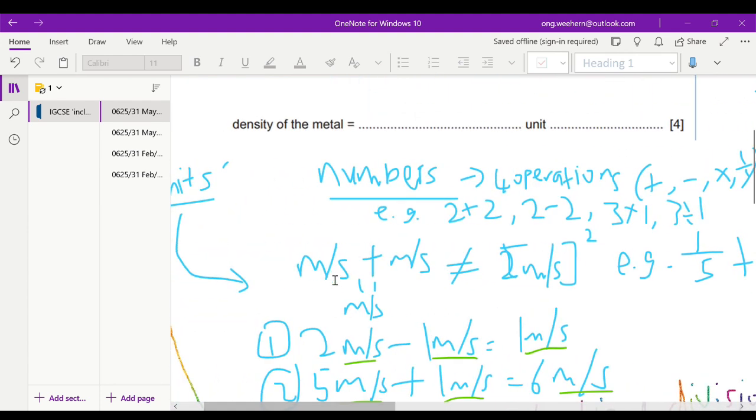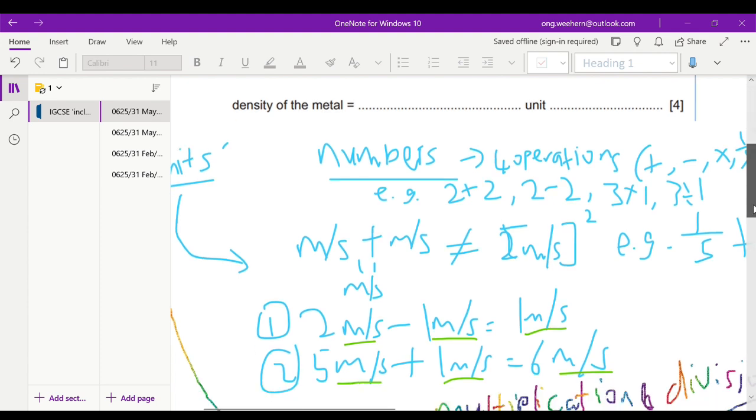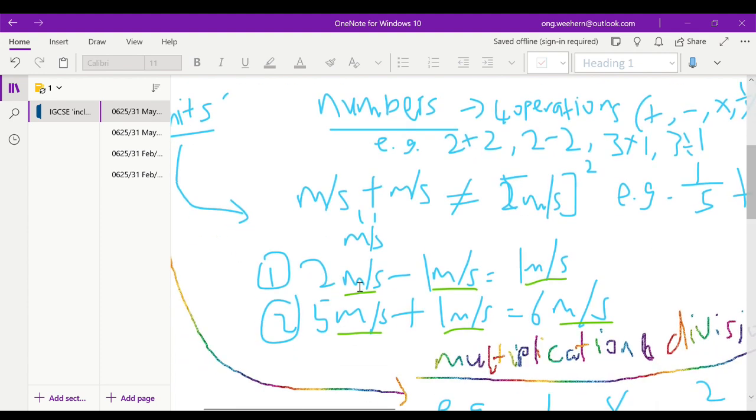Similarly, let's say meter per second plus meter per second: you must make sure the units are the same before adding or subtracting. When you add and subtract the quantities, as shown below, let's say we subtract 1 meter per second from 2 meter per second. We must make sure that the units highlighted in green are the same.